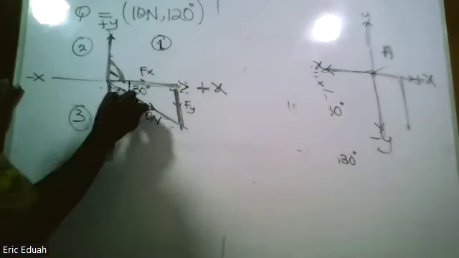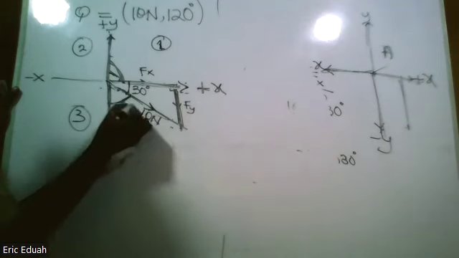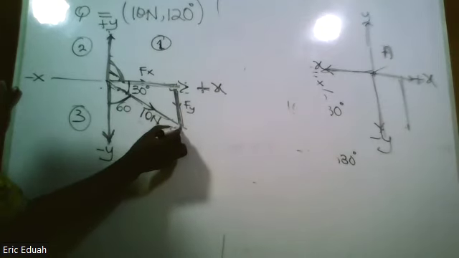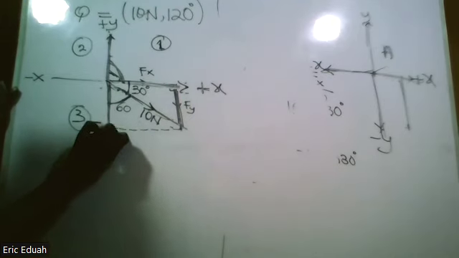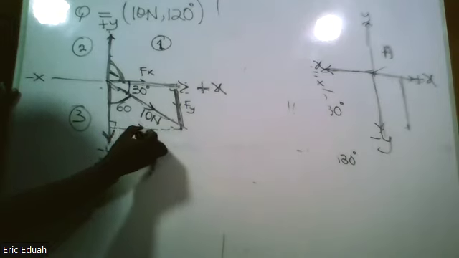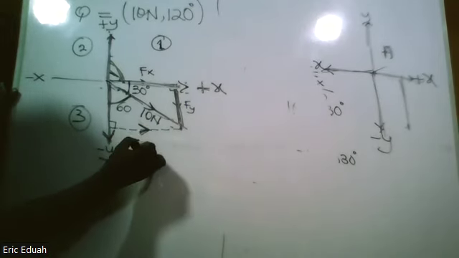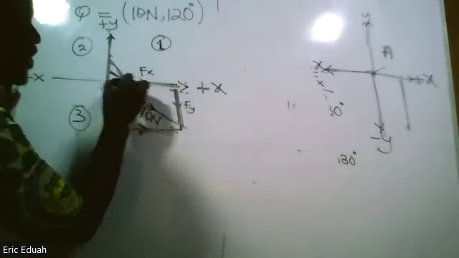This is the angle 60. The opposite to this angle would be this side, and then this is the adjacent. This is the opposite, but the opposite falls within Fx.